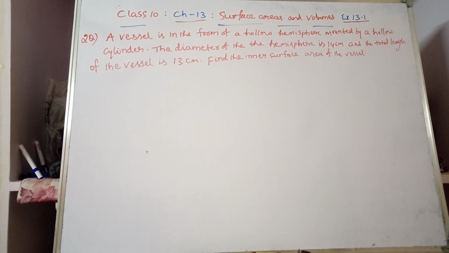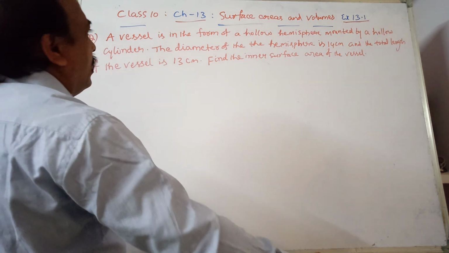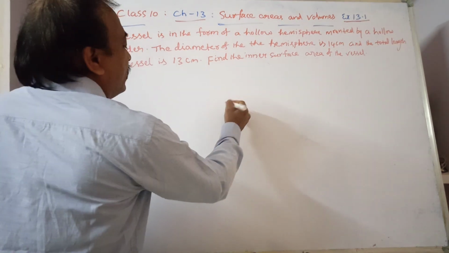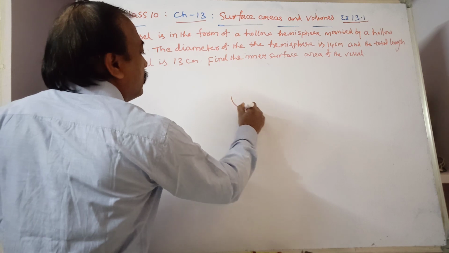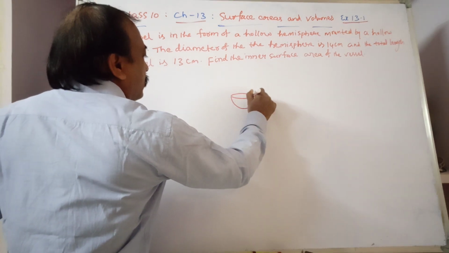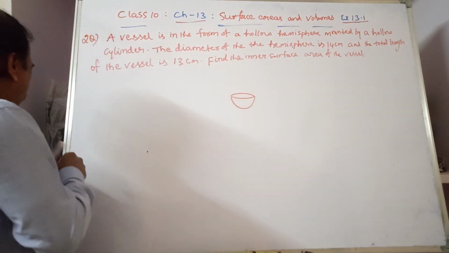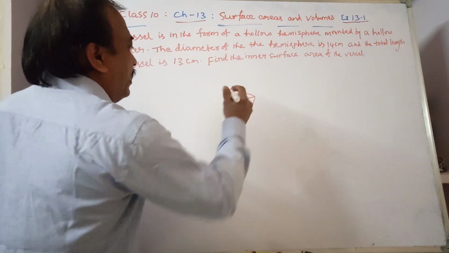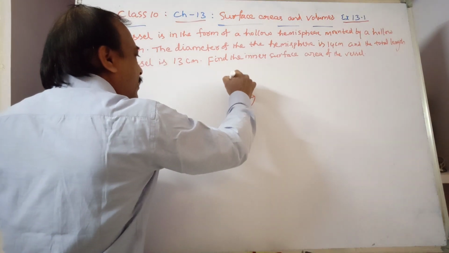Let us see the question now. This is the hemisphere and on that a hollow cylinder is given.